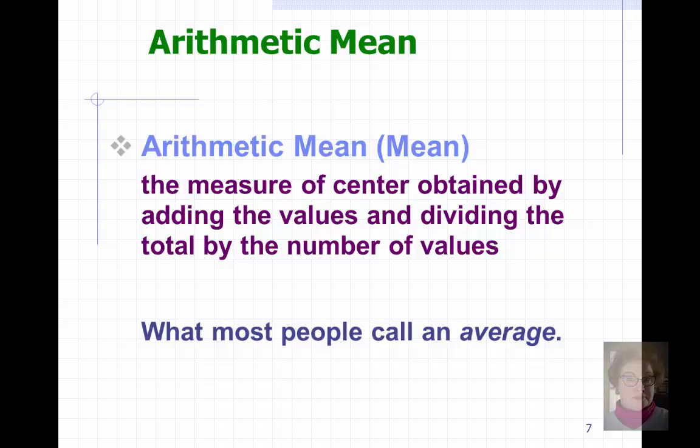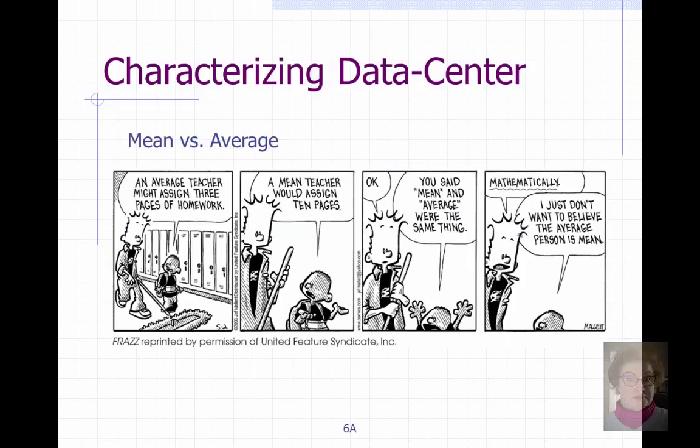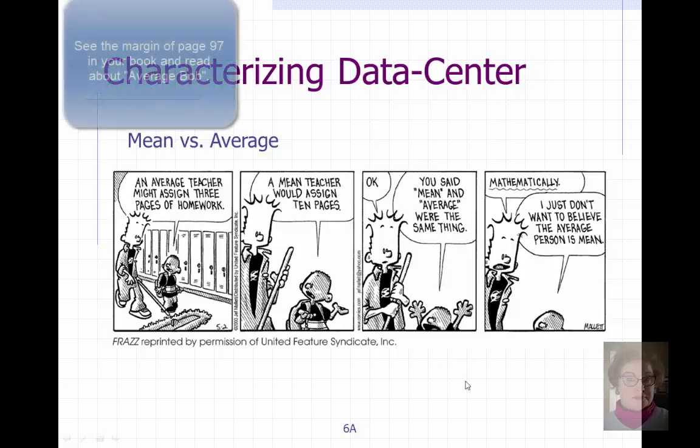When we add up the values of the members of our data and divide by the number in the set, that's called a mean. It's important that you use the right vocabulary in the right context. Here we have a comic strip that talks about the difference between average and mean, and I will leave you to read that yourself.